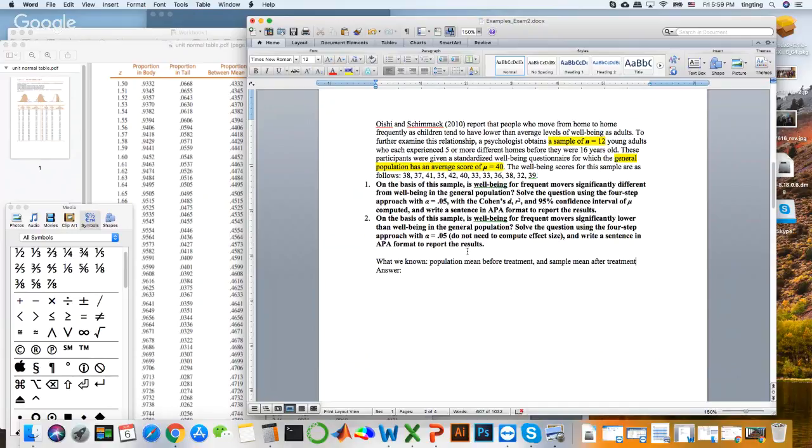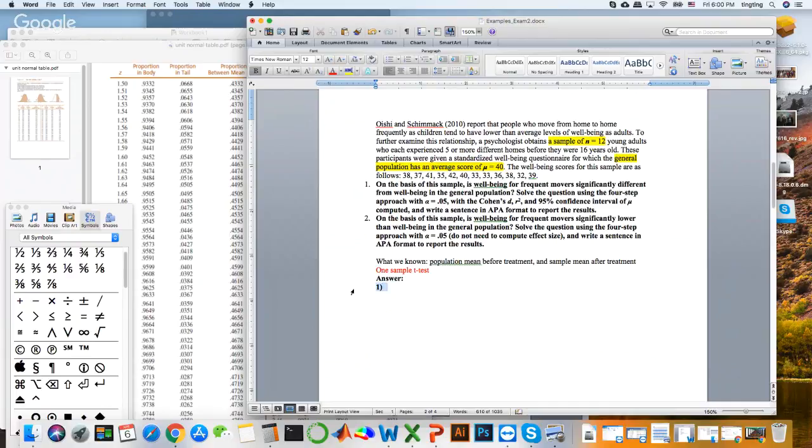But we don't know the population standard deviation. So for this kind of question, we need to conduct the one sample t-test. Okay, let's do the one sample t-test.